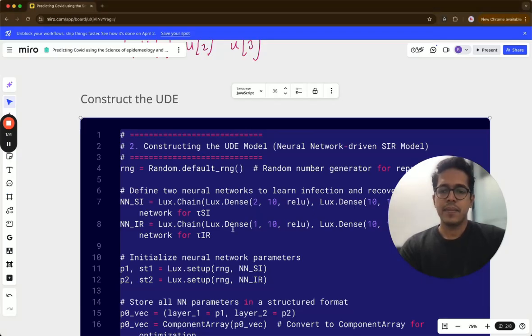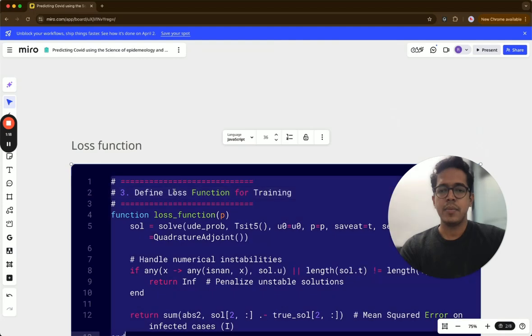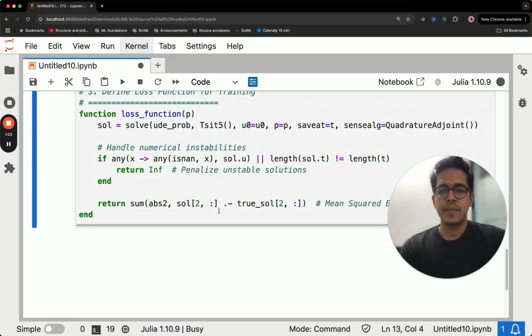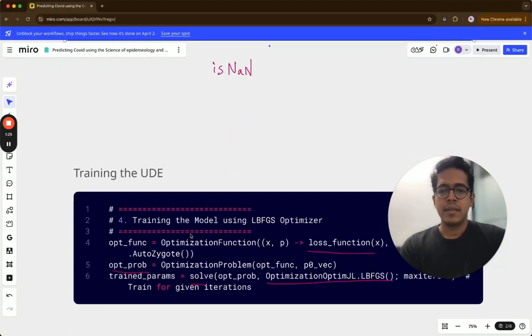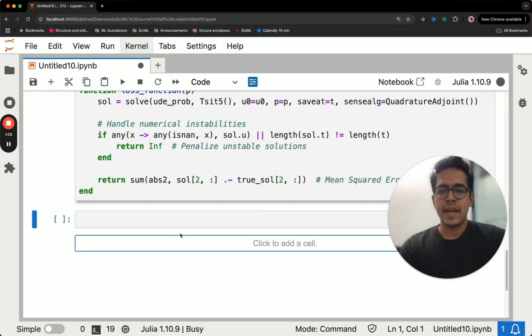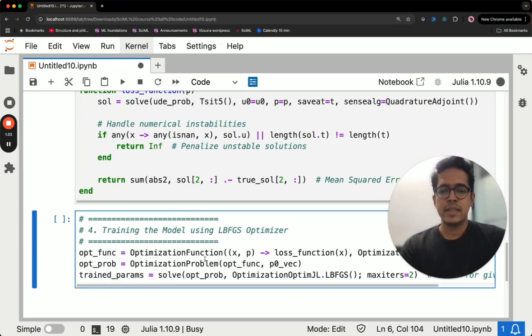Then we have the loss function, the mean squared error between the predicted value of SIR and the ground truth SIR. Then we have the training. In the training, we are not using Adam, we are using this LBFGS optimization. And this is the part where we actually train the neural network, right?